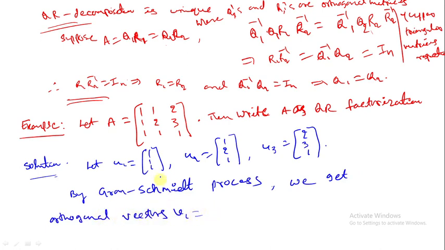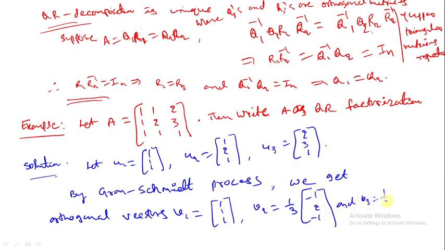These are the orthogonal vectors: V1 is the same as U1, (1,1,1). V2, using the formula, is 1 by 3 into (minus 1, 2, minus 1), and V3 equal to 1 by 2 into (1, 0, minus 1).